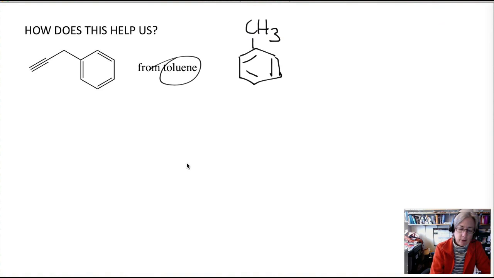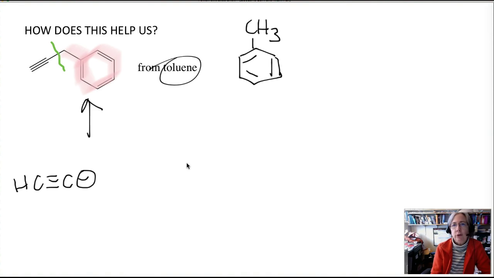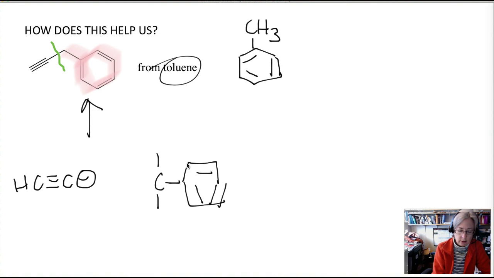All right, so working backwards from our target, it stands to reason that the obvious disconnection is right there, because right here is my toluene. Okay, so I think I will add this guy, which I'm very familiar with as a nucleophile, to this guy, toluene, as an electrophile.